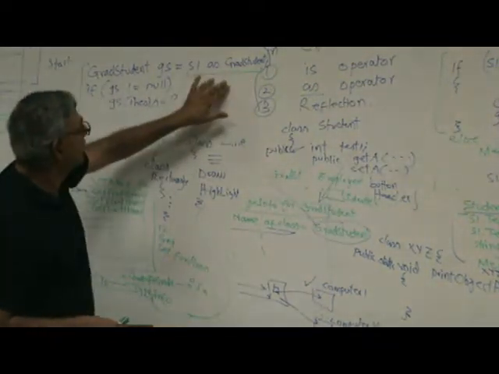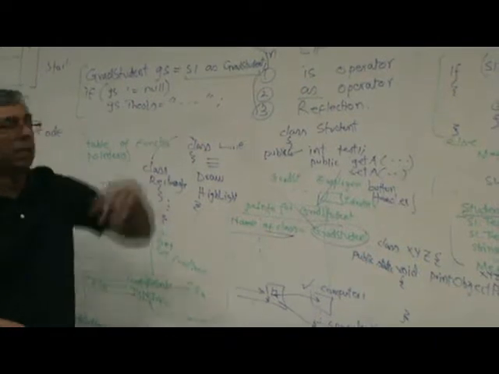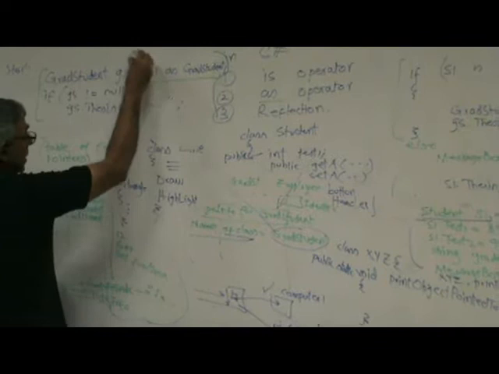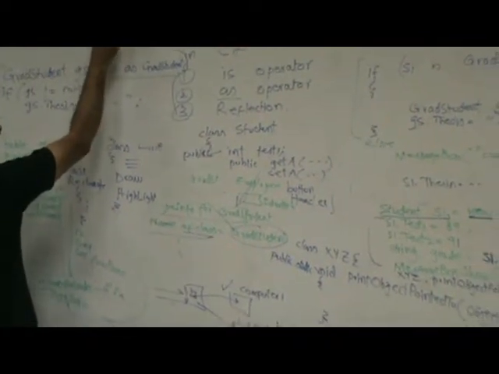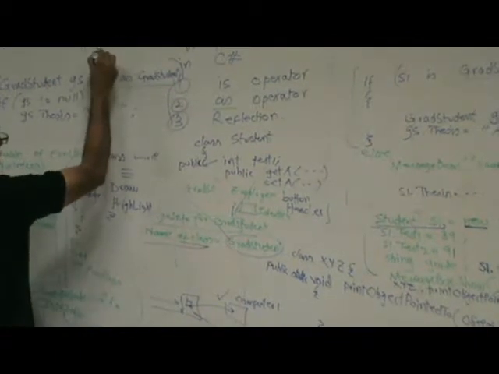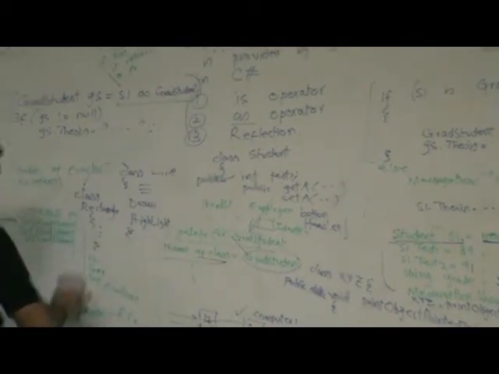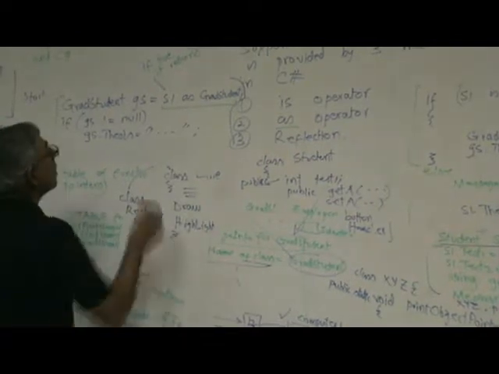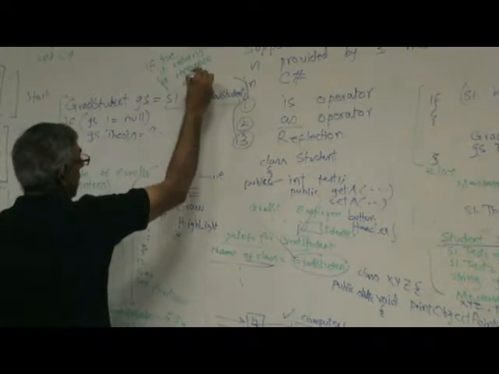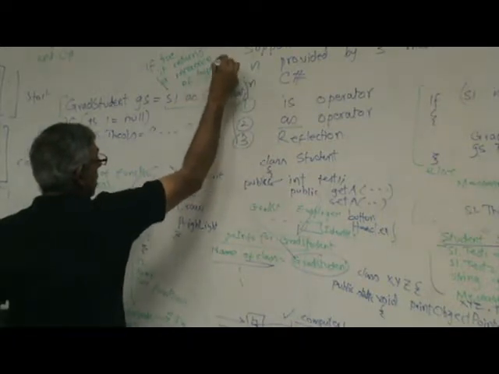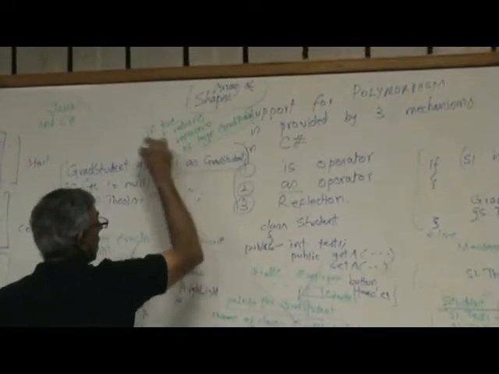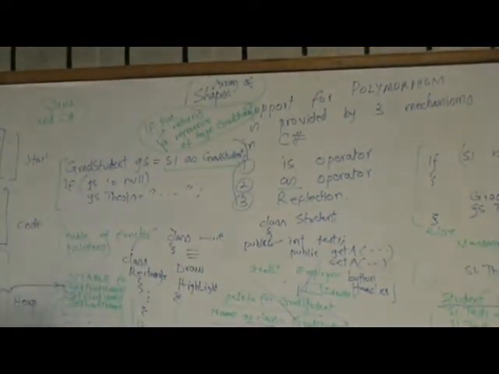This part is 100% identical, with one difference: if it is true, it returns a reference of type GradStudent.